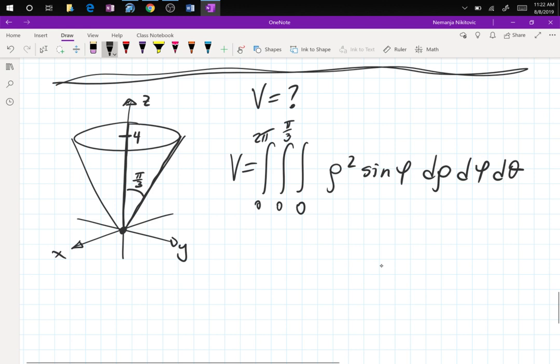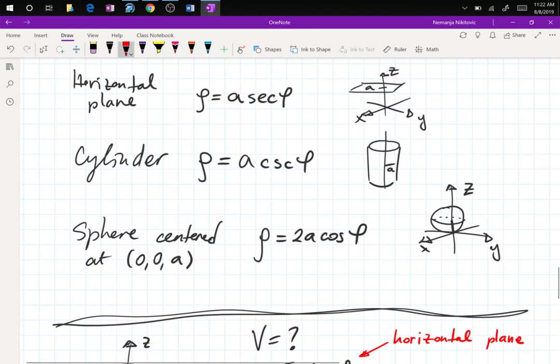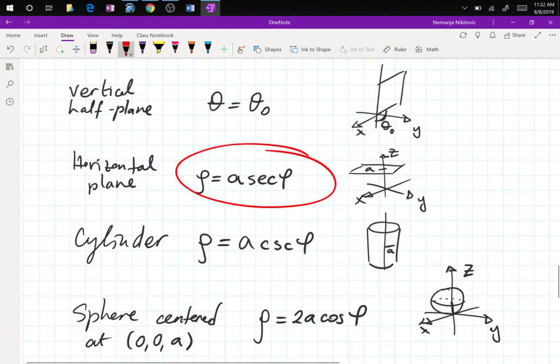And we learned that a horizontal plane has equation a secant phi. And our a is 4. So this is 4 secant phi. Because, I'll write it in blood, horizontal plane. And horizontal plane, we had it here.